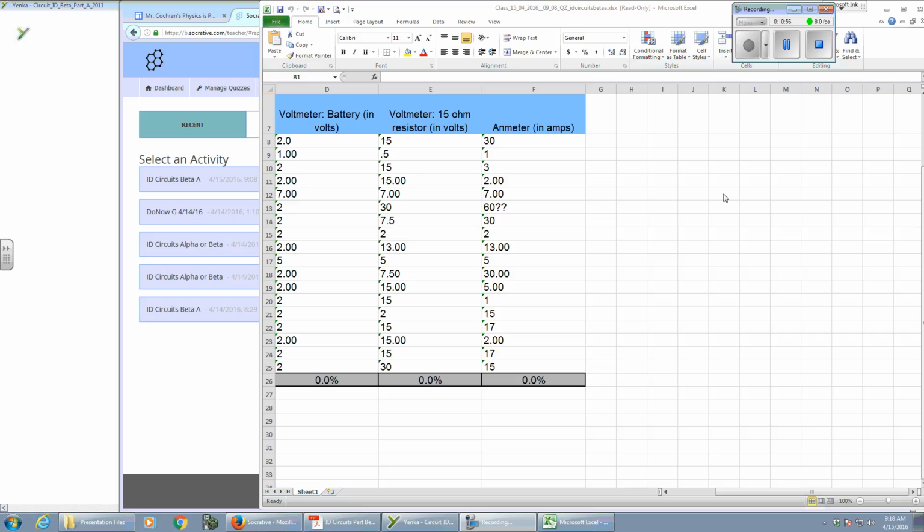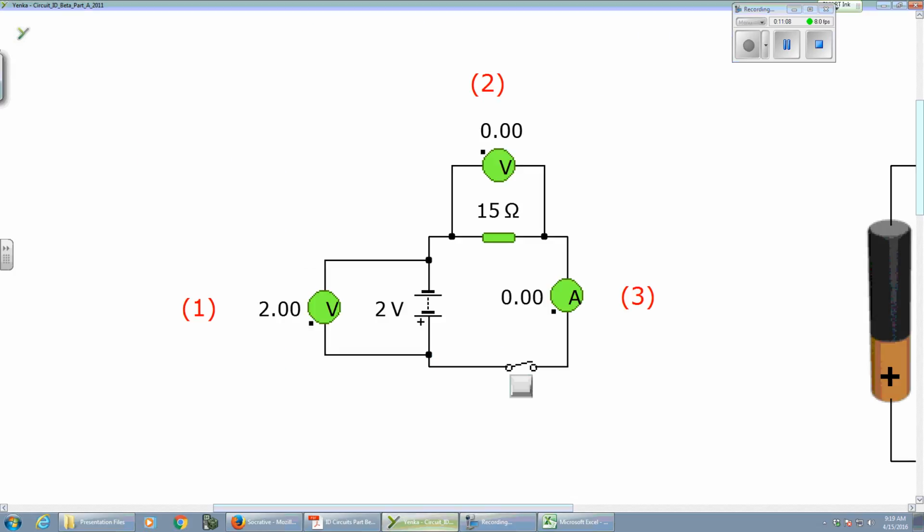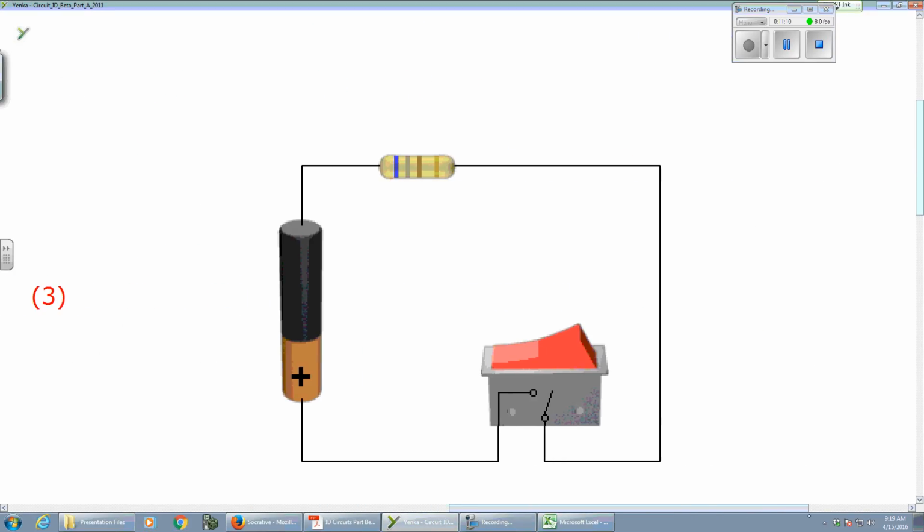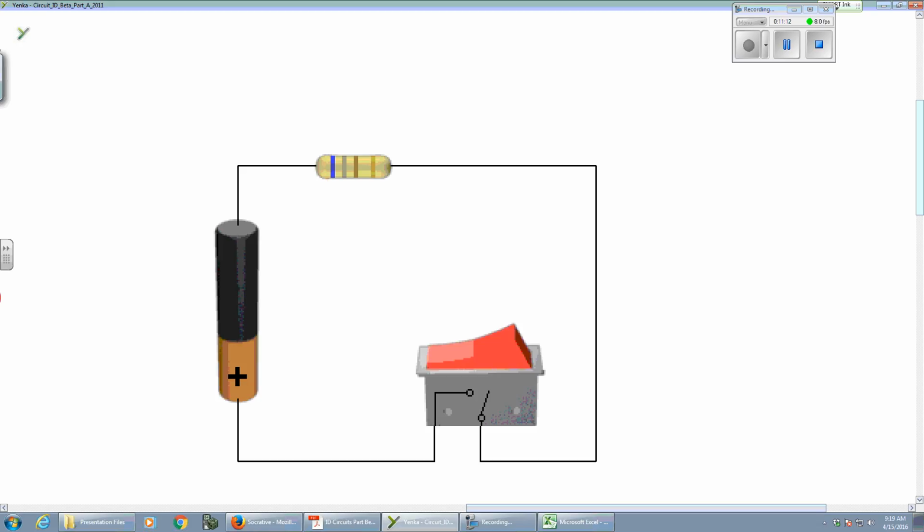Why do you think the voltage would be the same across all elements? Okay. So that brings up a good question then. What type of circuit is that? Is that a parallel or a series circuit? It's actually neither.